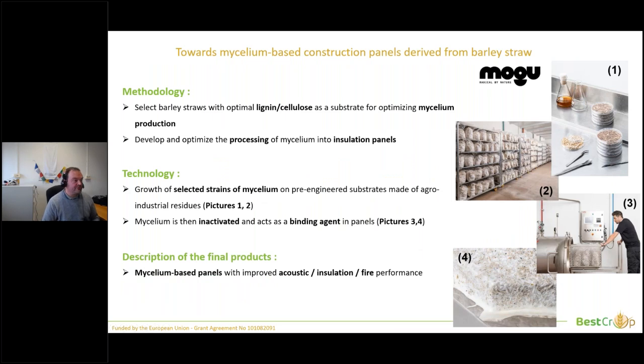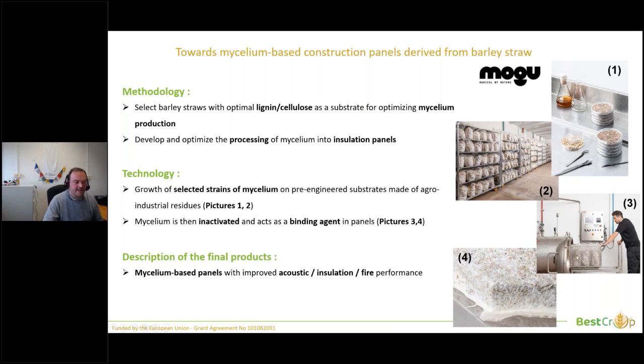Mogu will produce, as I said, insulation panels, and the strategy they use is simply to take barley straw, let the barley straw be colonized by mycelia from selected Ascomycetes and Basidiomycetes, and after colonization, they will mold the barley straw into the shape they wish.